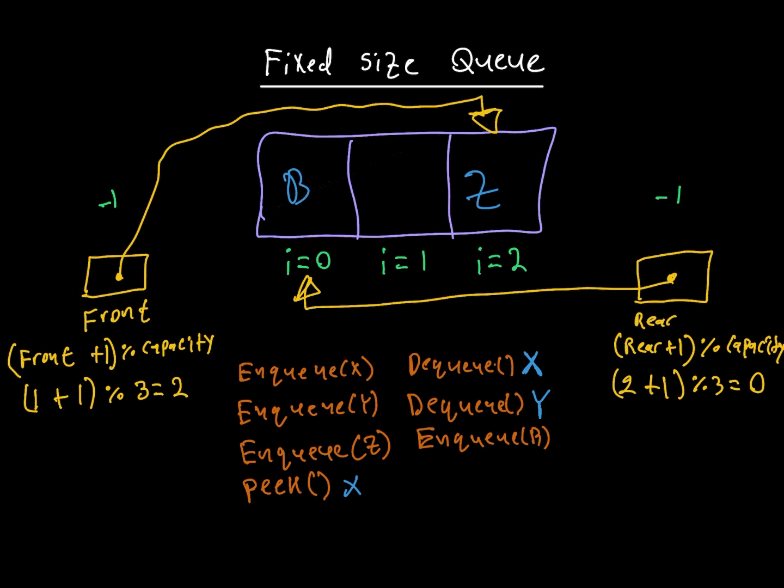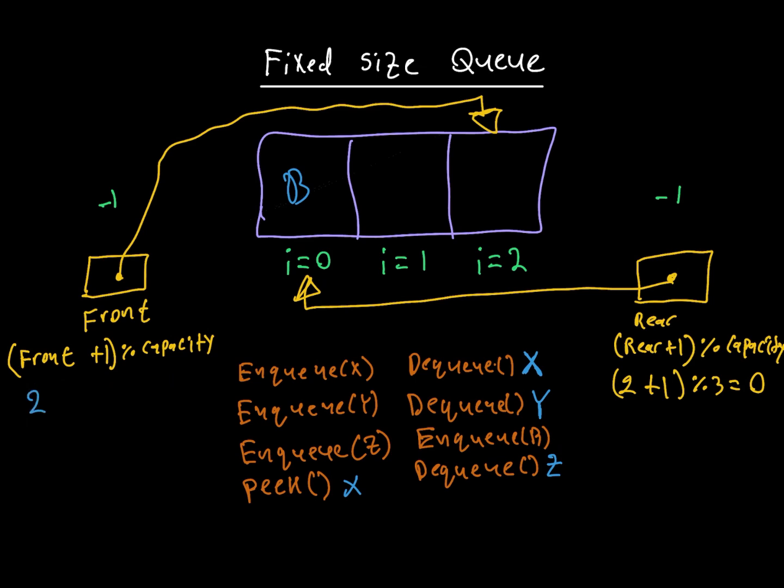Let's try a few more DQs. If you did DQ again, you would see that front is pointing to index 2, and the value is currently z, so let's temporarily store that. Let's clear it out in the array, and let's update front.